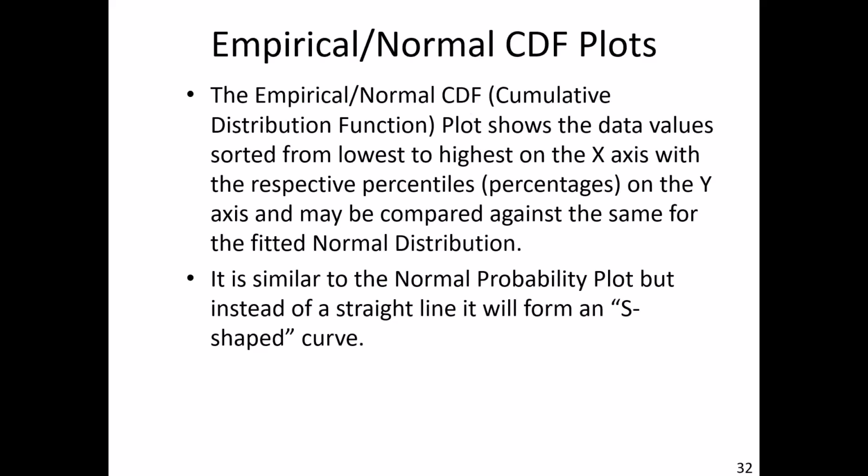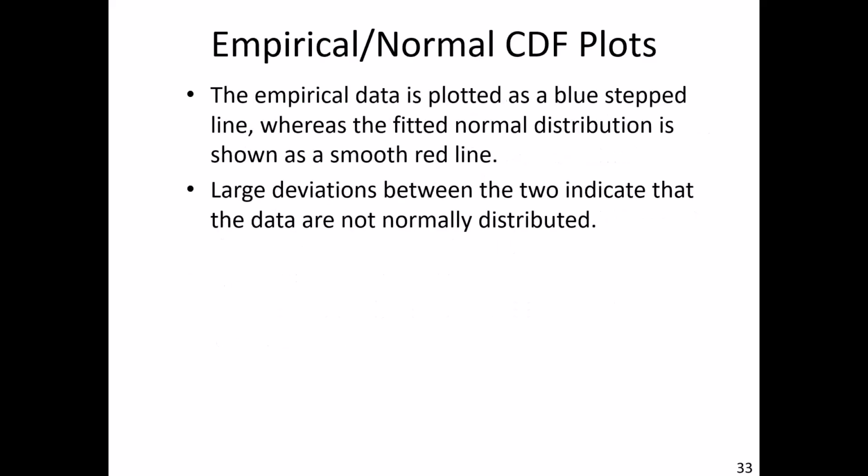It's similar to the normal probability plot, but instead of a straight line, it gives you an S-shaped curve. The empirical data is plotted as a blue stepped line, whereas the fitted normal distribution is a smooth red line. Large deviations between the two indicate that the data are not normally distributed.